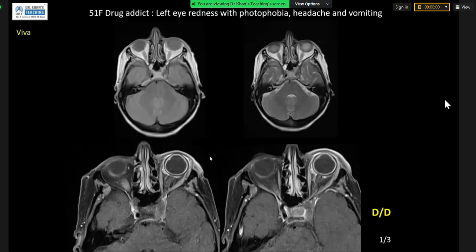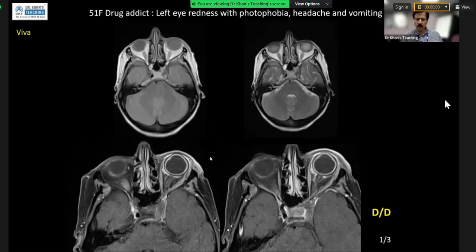So there is a loss of flow void in the left cavernous sinus. There is fullness of the left cavernous sinus with bulging of the walls. There is also preseptal thickening with optic nerve sheaths dilated and enhancement and thickening of the extraocular muscles. So this could represent a cavernous sinus thrombosis with congestion.